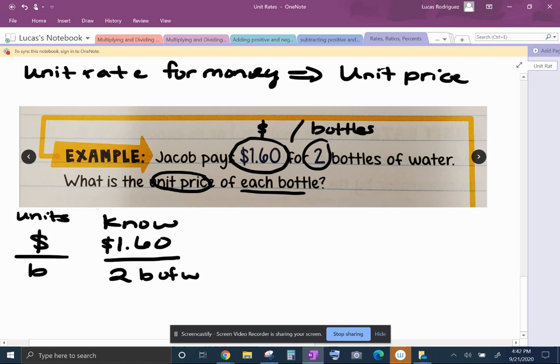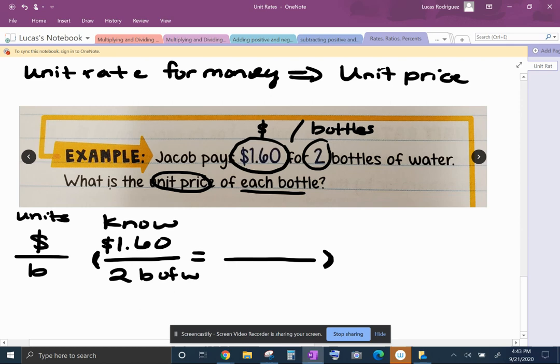I'm going to put B of W just to shorten it up. And I'm going to put an equal sign here because the ratio between these two needs to be the same. How we do that is what I taught you in the beginning. It's not very different, it's just called a different name, unit price.